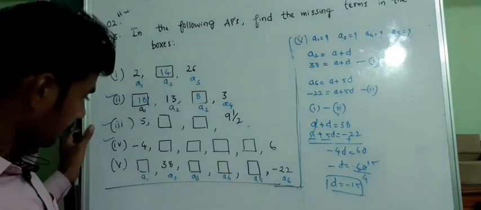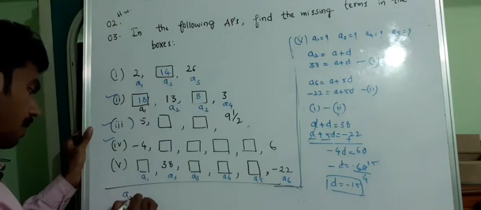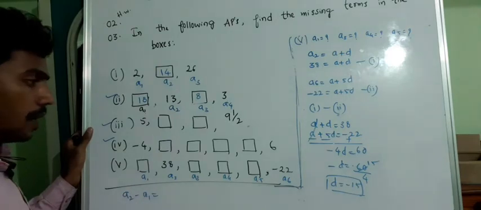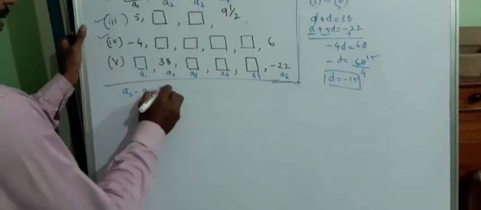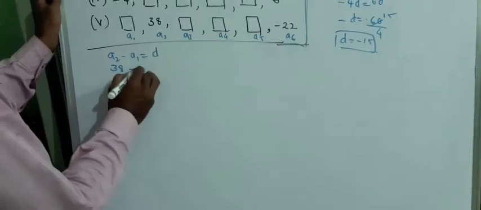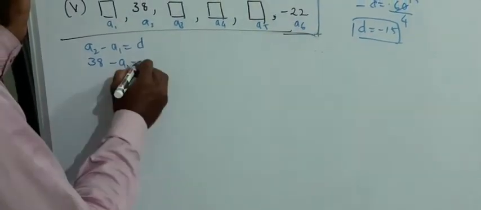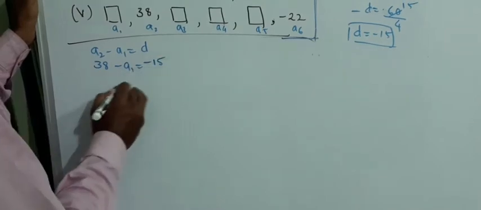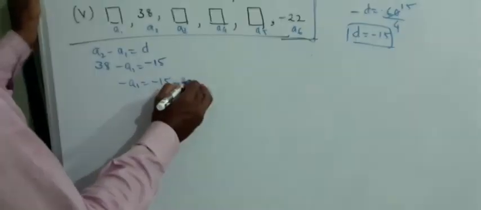We got D. So we know that A2 minus A1 is equal to D. What is A2? A2 is 38. What is D? D is minus 15. So minus A1 is equal to minus 15 minus 38.